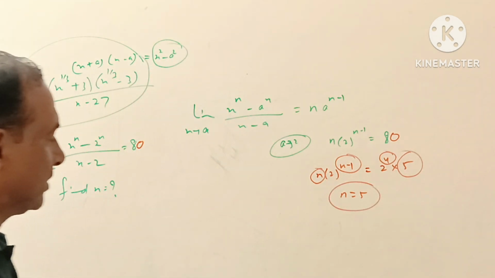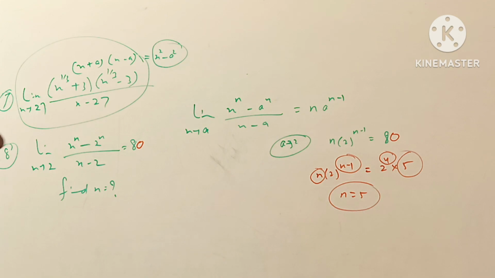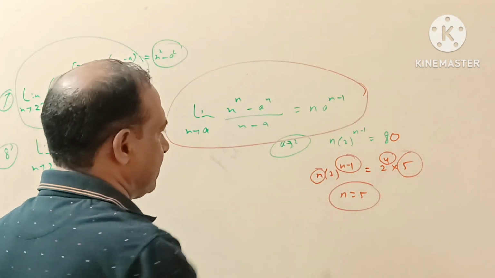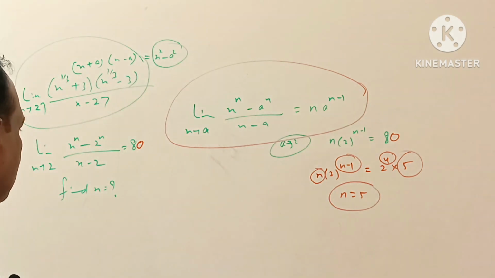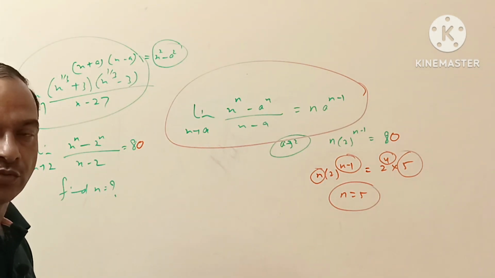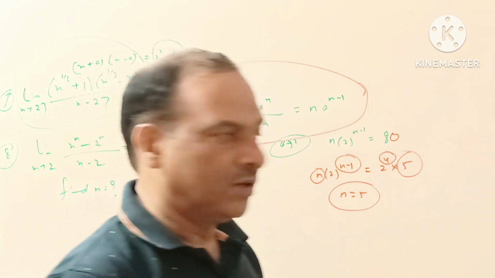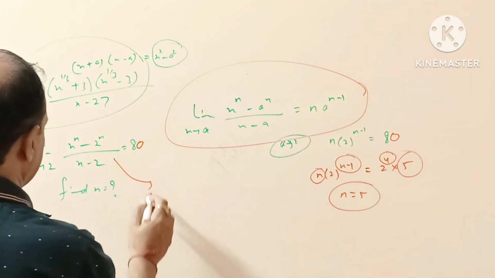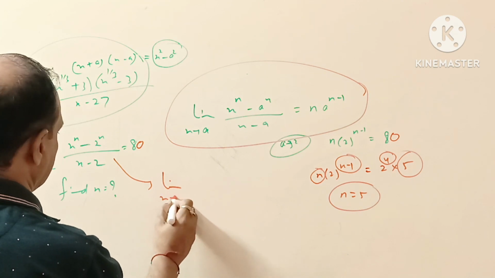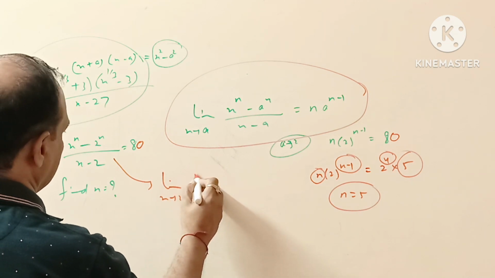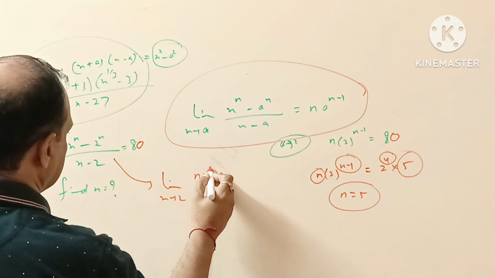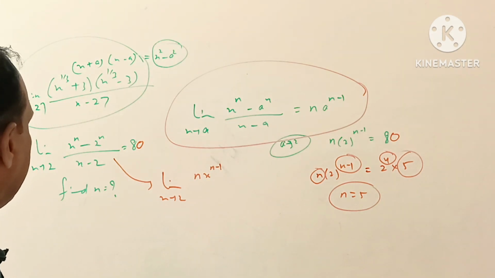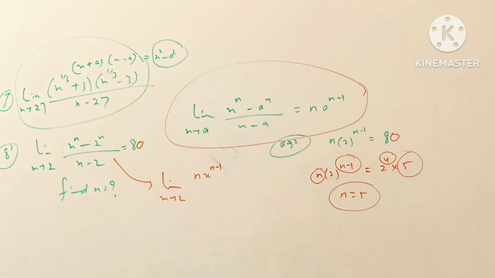But for this, you have to remember this formula for n times a raised to power n minus 1, or it will be given in your paper. But if you go with the method of L'Hospital rule, you can write it like this. The limit x tends to 2, and here you will have n x raised to power n minus 1 on differentiating x raised to power n, and minus 2 power n is a constant, it will give you 0.